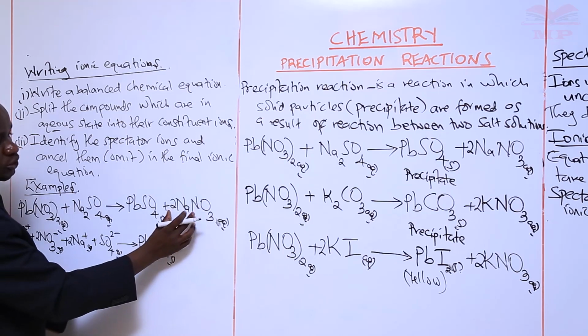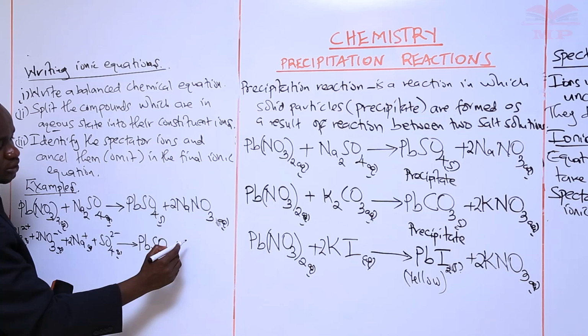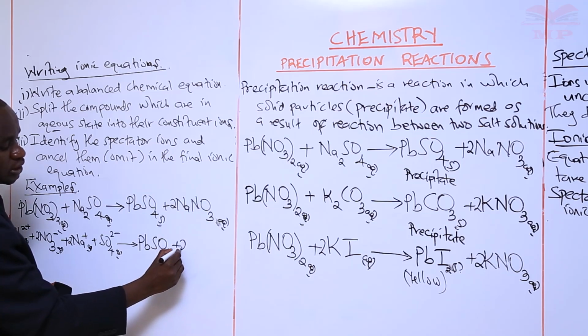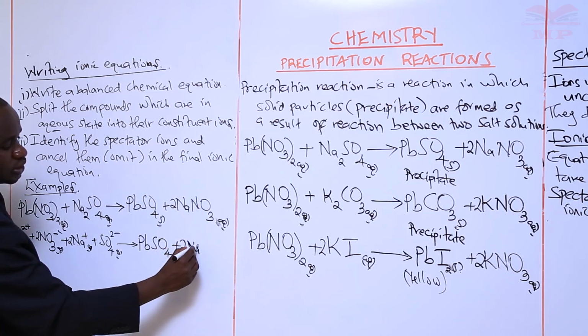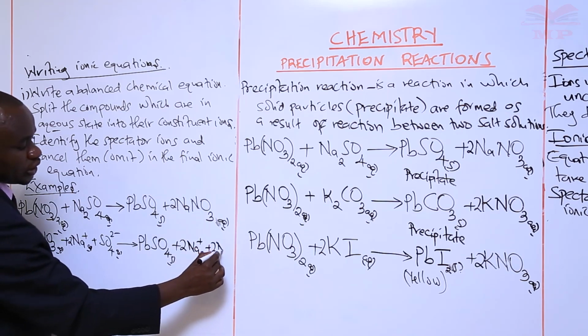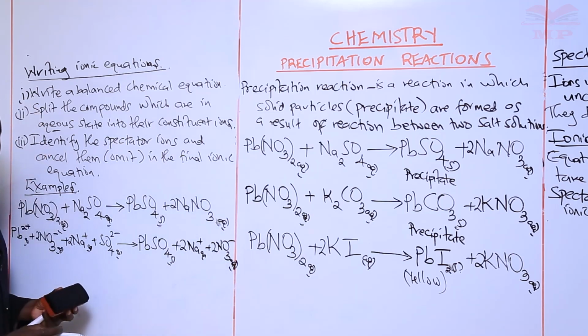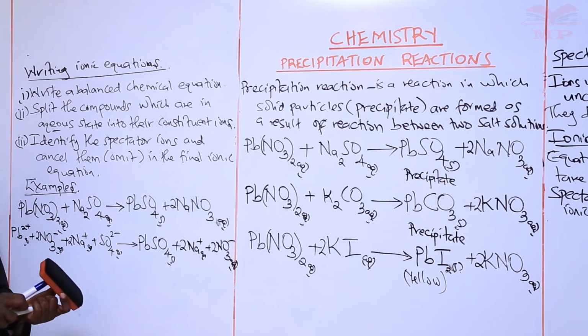From the equation, I'm having 2 sodium ions and 2 nitrate ions. So that should be captured correctly: 2 sodium ions aqueous plus 2 nitrate ions aqueous. Remember, we have said split those compounds into their ions, those compounds which are in aqueous state.